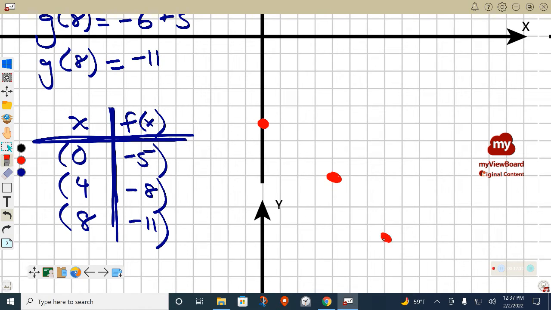It's kind of off the charts, off my graph paper, but oh well. Draw a line through them. Yours should be straighter because my graph paper got a little wider right there. Yours should be straighter because you have continuous graph paper in front of you.